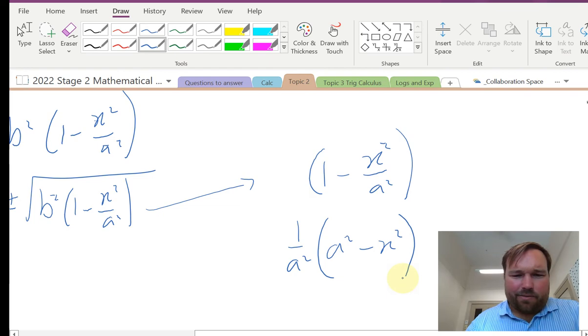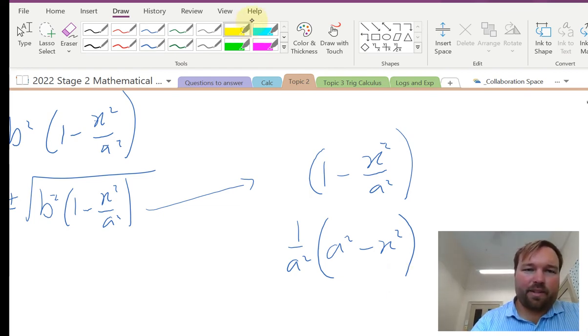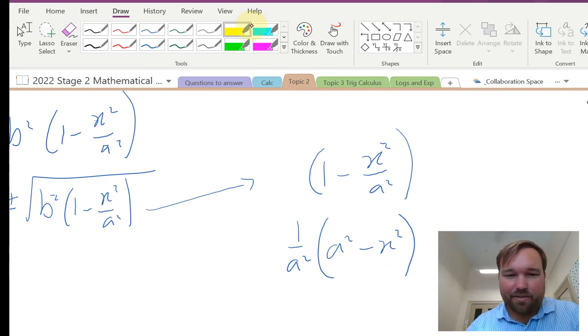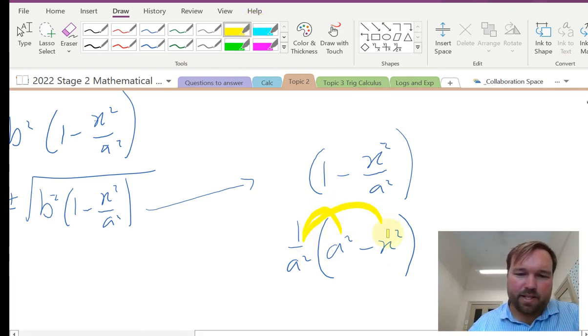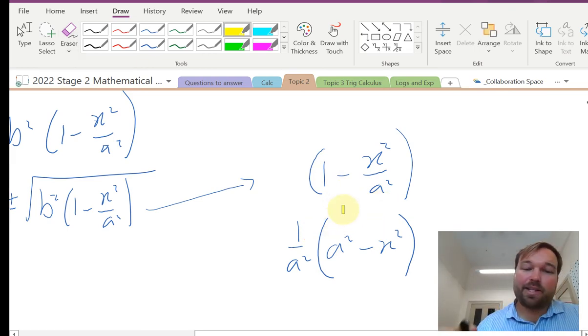Now you might be like, why on earth are you doing that? And are you even allowed to do that? Well, heck, I'm allowed to do it. Imagine what happens if I multiplied this in here, this in here. 1 on a squared times a squared is just going to give me the 1. 1 on a squared times minus x squared is going to give me minus x squared on a squared. I'm certainly allowed to do it.